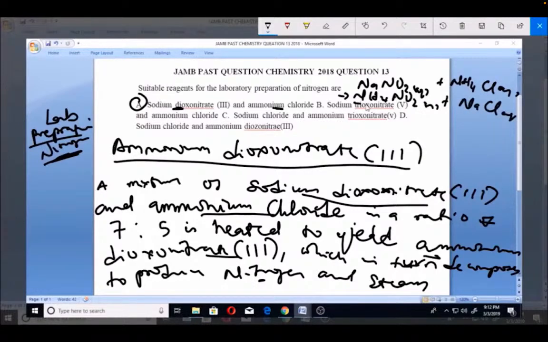This ammonium dioxonitrate 3, aqueous, then further decomposes to nitrogen, which is what you're looking for, gas, plus steam, H2O, which is liquid. So that's how you get the laboratory preparation of nitrogen. Thank you.